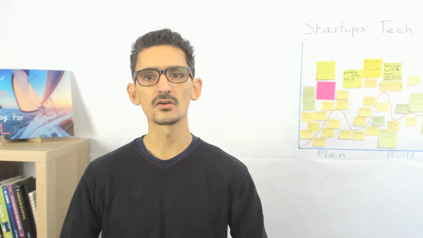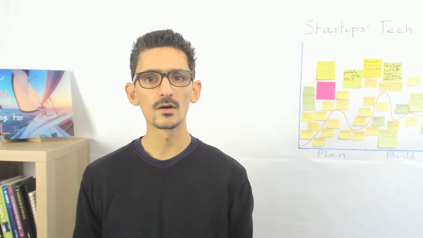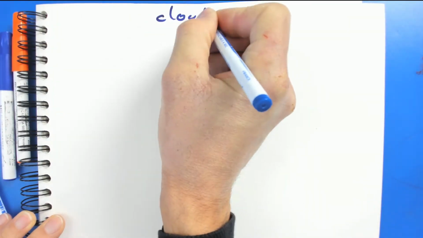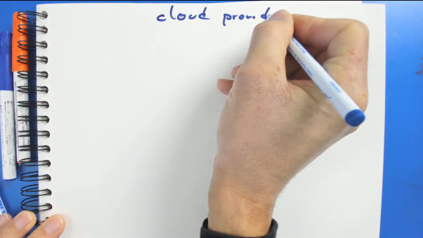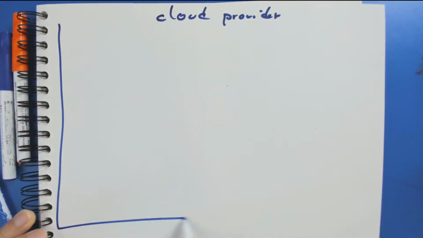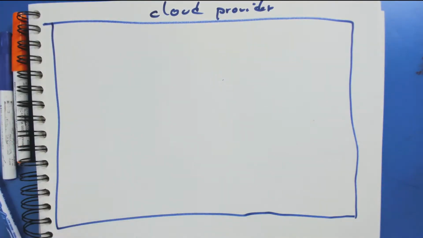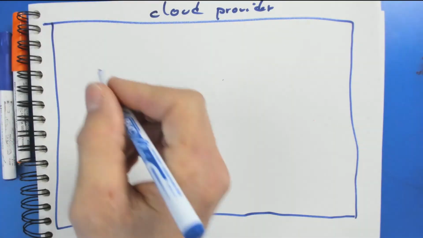So to conclude and answer Sasha's question, let's sum it up with a little drawing. So basically, we are on your cloud provider. On the cloud provider, as we saw last week, we have three types of services.